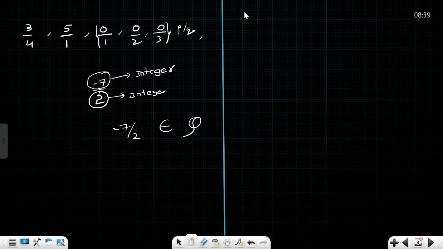So now here one important note point is going to come. See the first point: all integers are rational numbers. This is a highly important point.